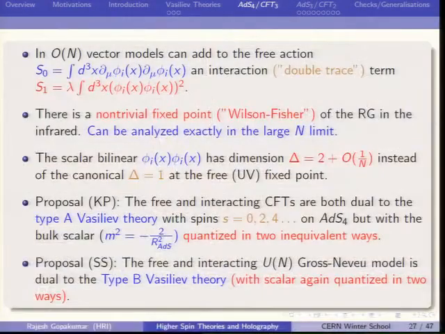So this was for the O(N) vector model, and there's a similar conjecture for the U(N) Gross-Neveu model, which is basically a vector-like model in terms of fermions, and that is very similar.